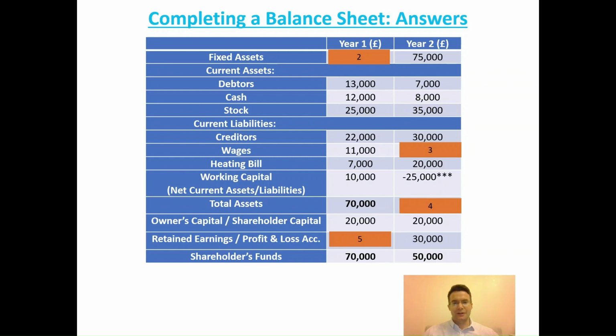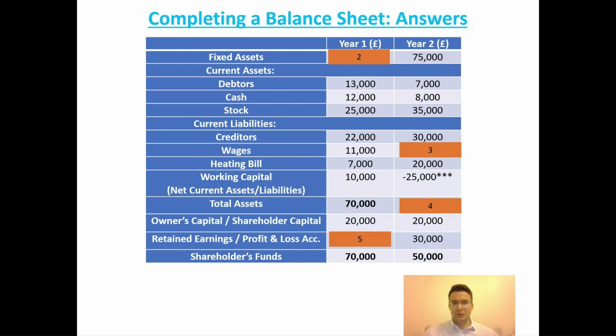So you've got the total assets figure of 70,000, and we know as we learnt earlier, total assets are a collection of all of the assets minus all of the liabilities. So we know that fixed assets plus current assets minus current liabilities, we haven't got any long-term liabilities here, will equal 70,000.